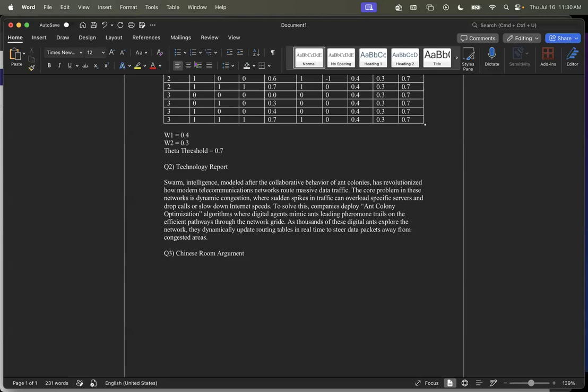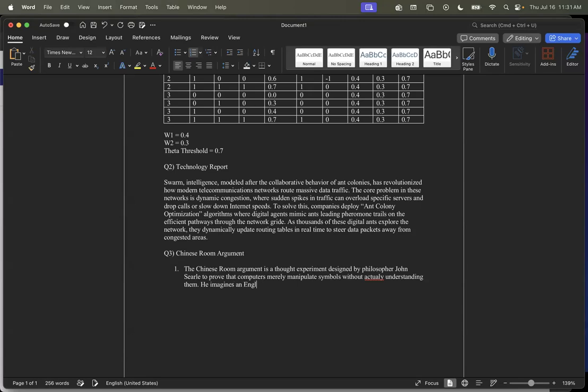So the first part wants a description of the Chinese room argument. So the Chinese room argument is a thought experiment designed by philosopher John Searle to prove that computers merely manipulate symbols without actually understanding them.